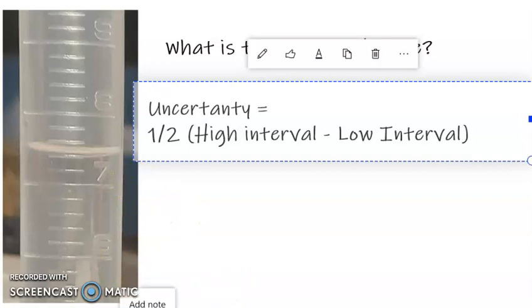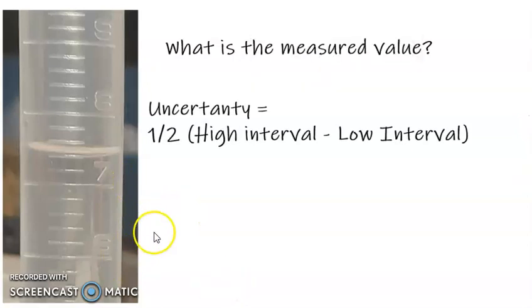And we've already mentioned that the high interval, which I'm just going to abbreviate as high, and low. The high interval is 7.6 milliliters. My low interval is 7.4 milliliters.